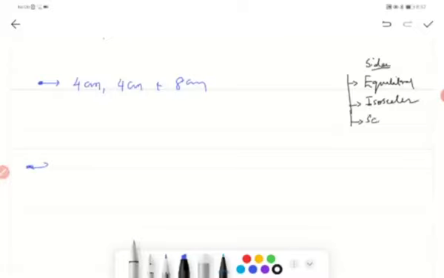And the third is the scalene triangle, in which all the sides are unequal, that is, no side is equal to another. So all three sides are not equal. Here all three sides are equal, here two sides are equal, and here no sides are equal.